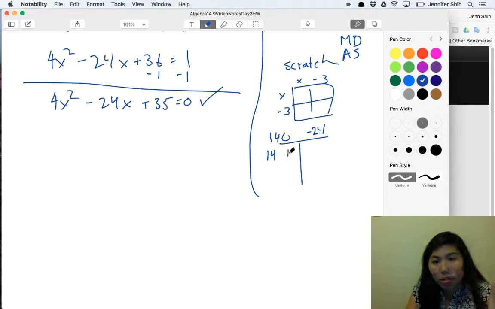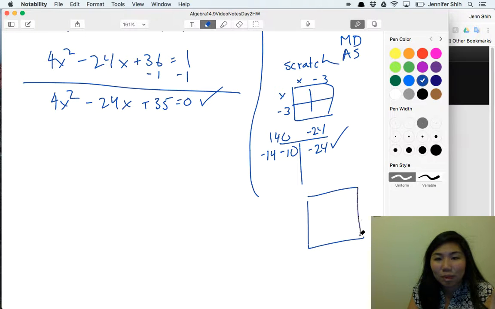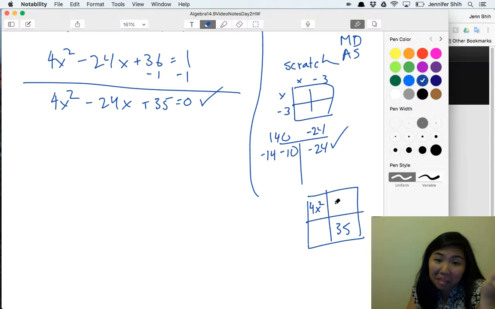So what about 14 and 10? Nice. Negative 14, negative 10. That's equal to negative 24. Nice. Not bad. Okay. I actually have to do the scratch work because I can't do this in my head. So I'm going to go ahead and do the scratch work.